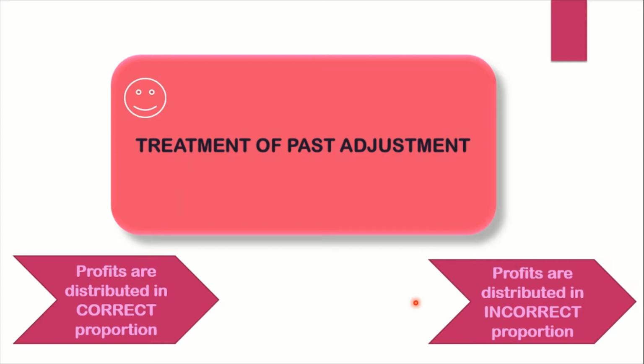Like we should not debit the wrong profit and credit the correct profit, or prepare the P&L appropriation account to find out the correct profit. It's not required, again I'm repeating, when the profits are correctly distributed.